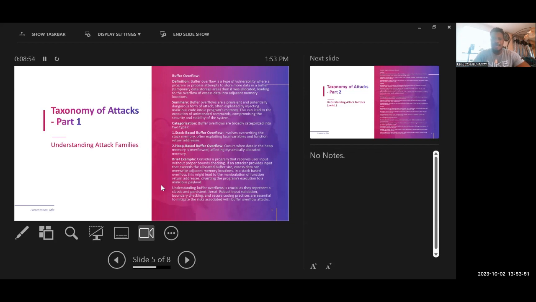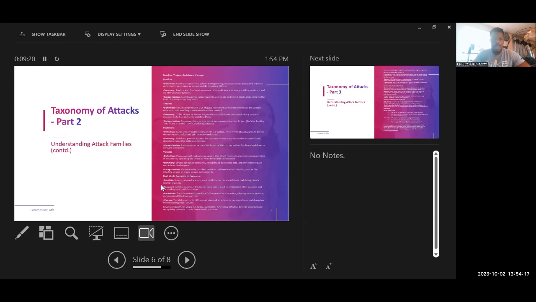Then the heap-based occurs when the data in the heap memory is overflowed, injecting dynamically allocated data. So these are all examples of buffer overflow. So this is part of the taxonomy of attacks. And as a cybersecurity engineer, like I previously said, we have to acquaint ourselves with all of these happenings.